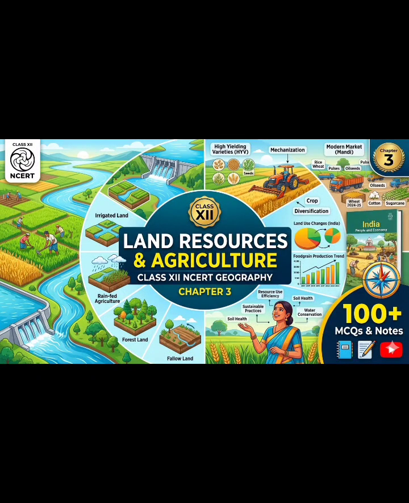So the objective of protective irrigation is to protect the crops from adverse effect of soil moisture deficiency, which often means that irrigation acts as a supplementary source of water over and above the rainfall. The strategy of this kind of irrigation is to provide soil moisture to maximum possible area.